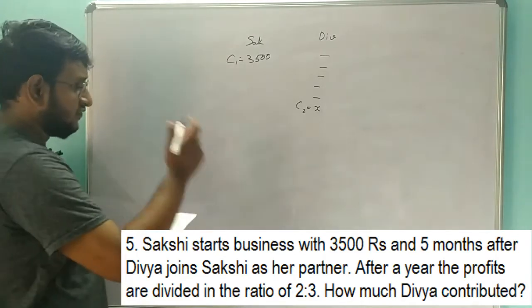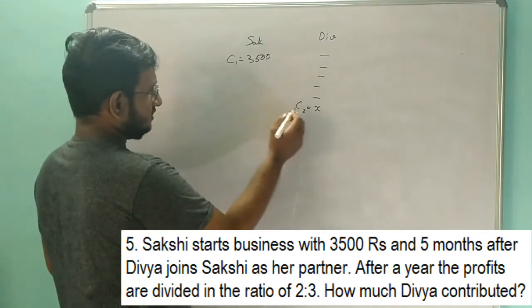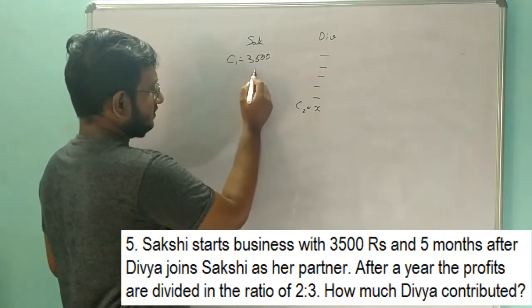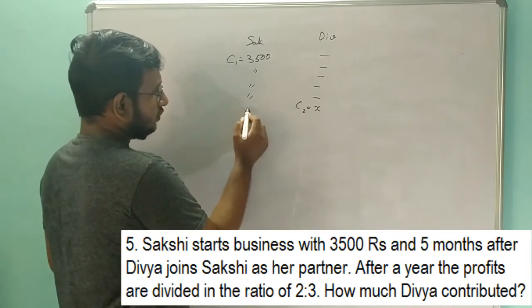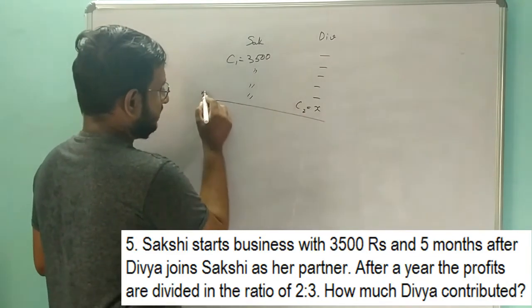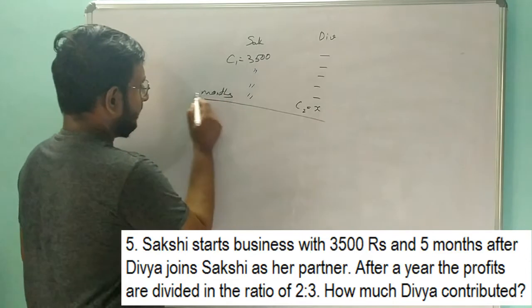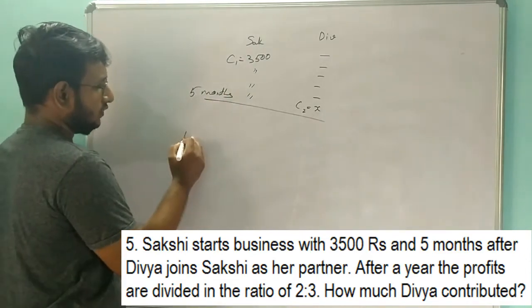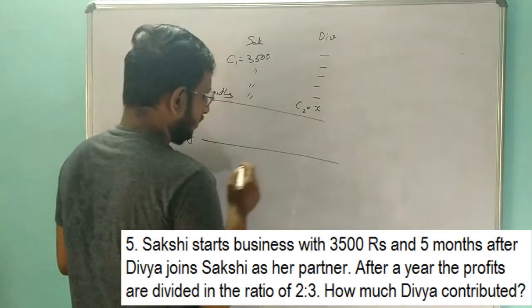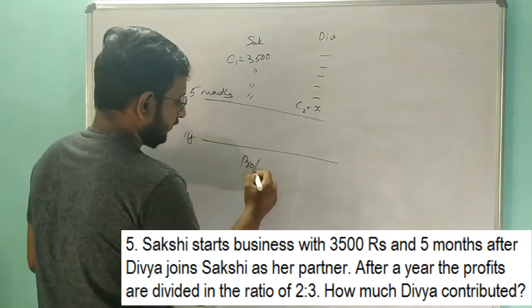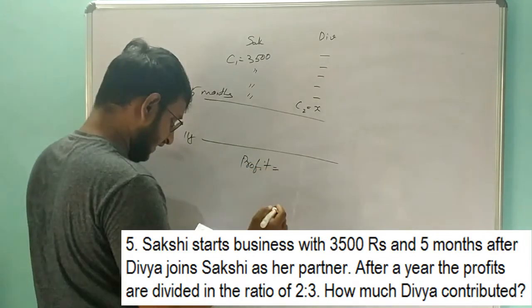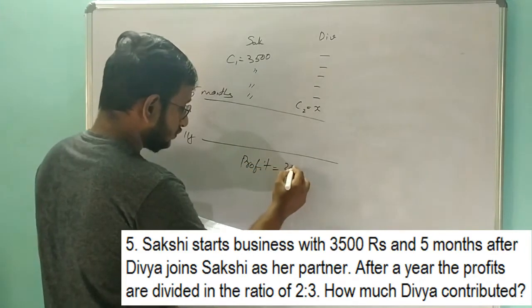So after 1 year their profit has been divided in the ratio of 2:3.